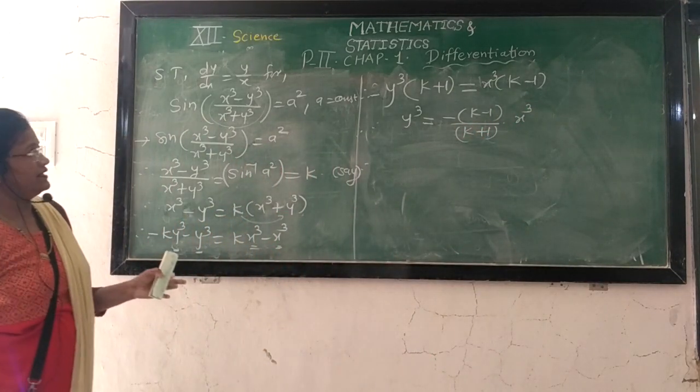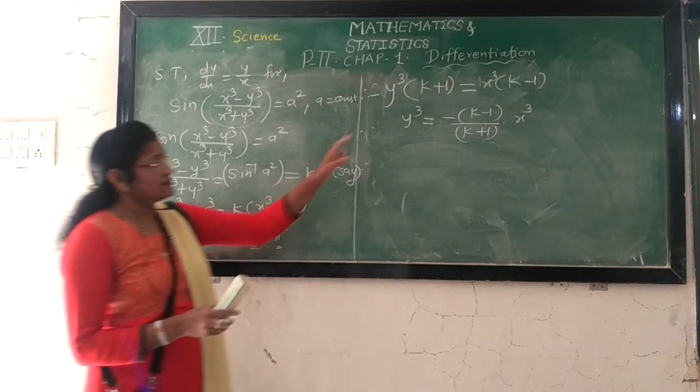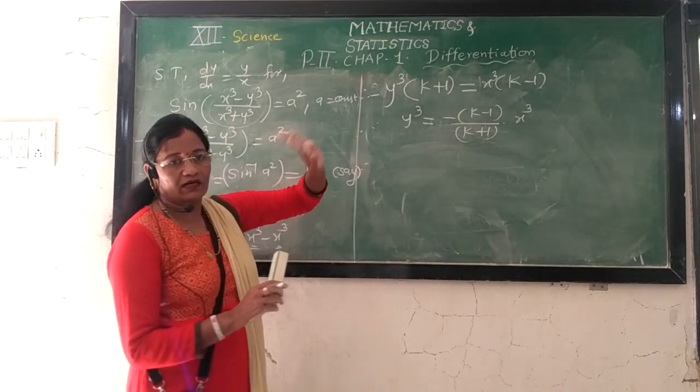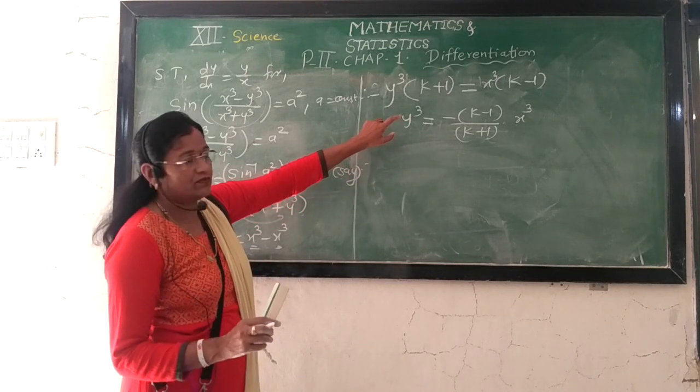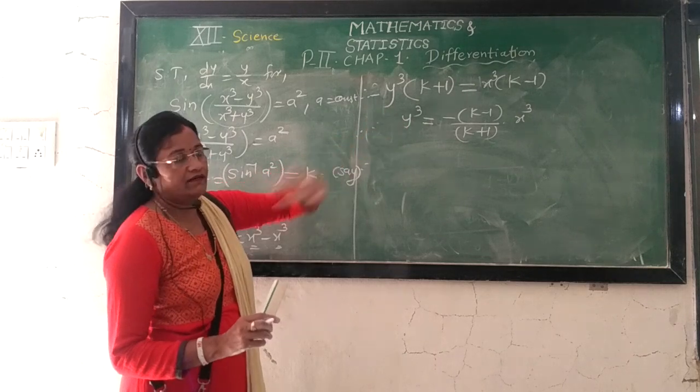Now to find dy by dx, we take the term of y which is free from other coefficients, meaning there is only one as a coefficient for that expression of y. That makes it easy to find dy by dx.